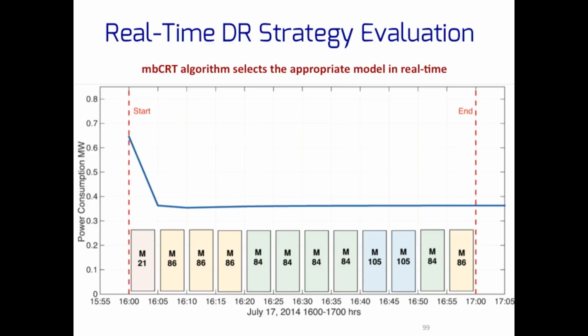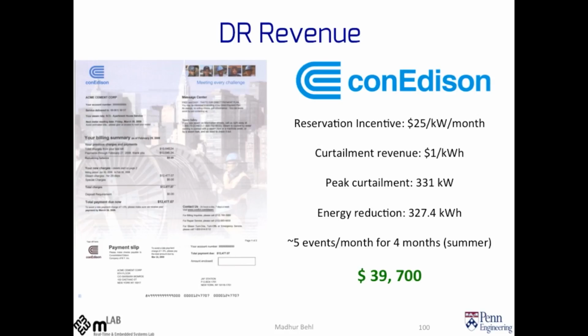curtailment. So we also computed what is the expected revenue that you could obtain if you were to implement this on a 12-story large office building. I used the actual utility tariff structure from Con Edison, which is a utility based in Chicago. Based on their rate structures, and assuming about 5 events per month for the length of an entire summer, you can expect to save about 40K for just one commercial building over one summer.